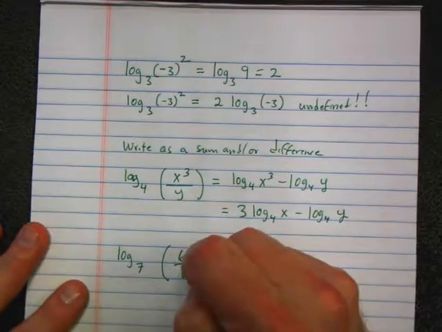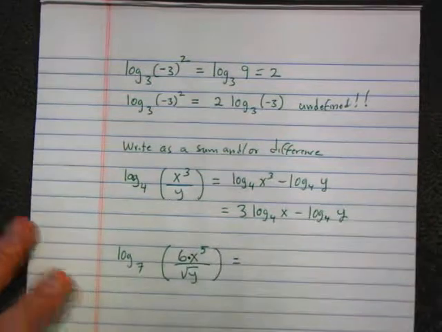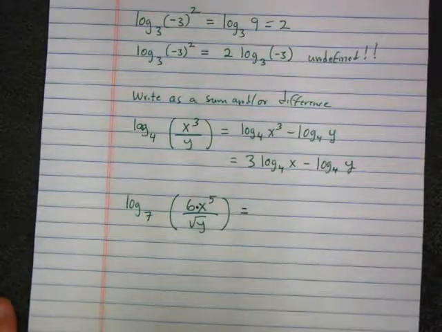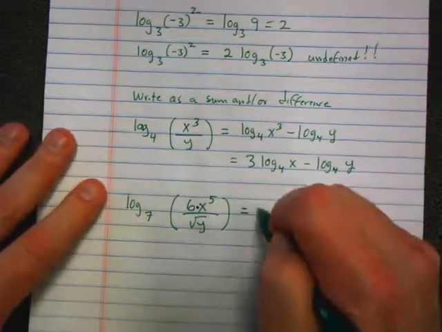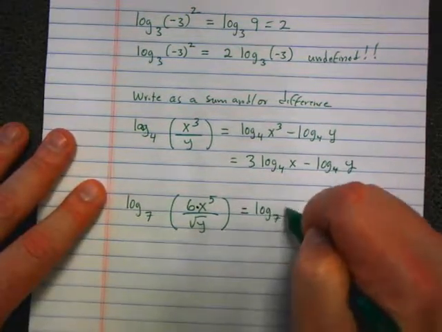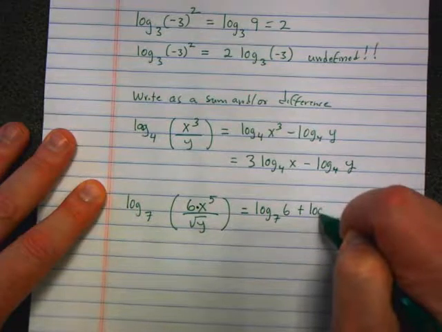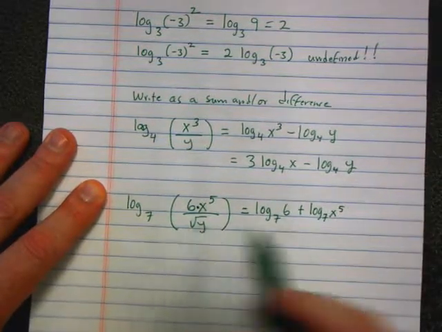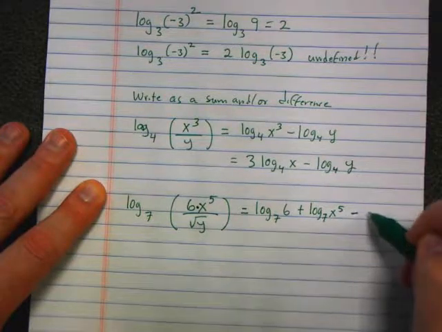First off, notice there's multiplication right there, 6 times x to the 5th. What do logarithms do to multiplication? They add them. So this is log base 7 of 6 plus log base 7 of x to the 5th. And then what does logarithm do to this division? Subtracts it.